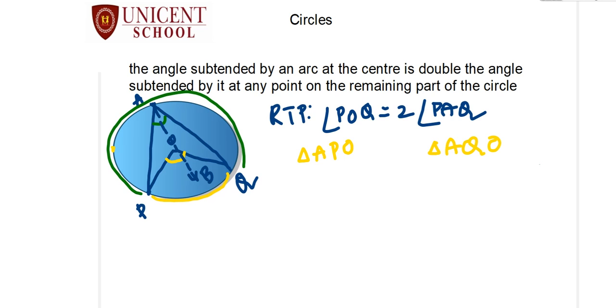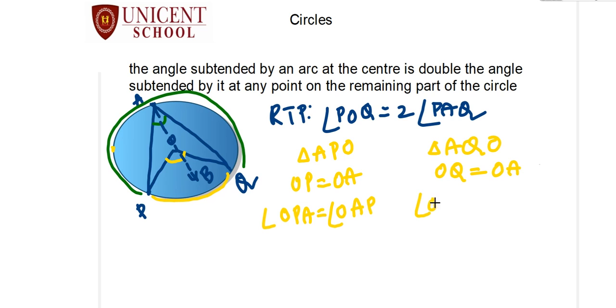If you compare APO and AQO, we have OP equal to OA and OQ equal to OA, both being radii. And we know that angle OPA is equal to angle OAP, that is, the angles opposite to equal sides are equal. Similarly, here we get angle OQA equal to angle OAQ.